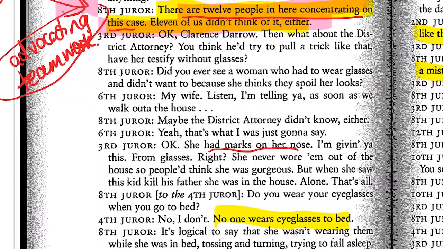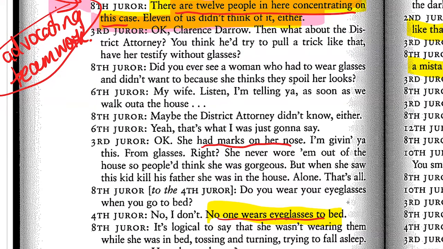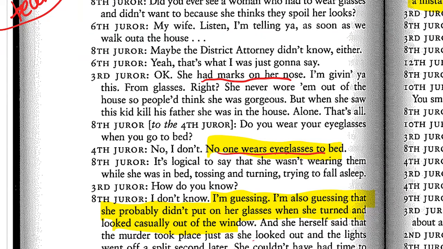And so, yes, he has the eyeglasses, but she says that she was actually sleeping at night and she looked out the window and happened to see the killing. So they say, look, it's logical to say she wasn't wearing them while she was trying to fall asleep, tossing and turning, because people don't wear eyeglasses to bed. And she probably didn't put her glasses on when she looked out the window.